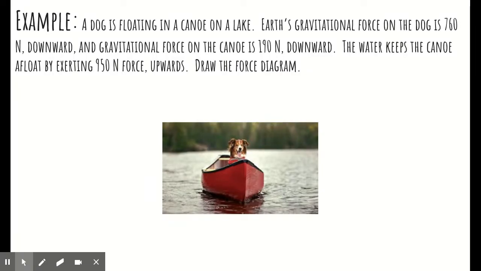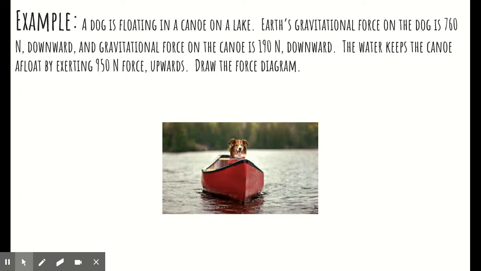So here's an example of a problem that you would do. You're going to draw the force diagram. Here we have a dog floating in a canoe on a lake. The Earth's gravitational force on the dog is 760 newtons. The gravitational force on the dog is 760 newtons because he has a mass and gravity's acting on his mass.